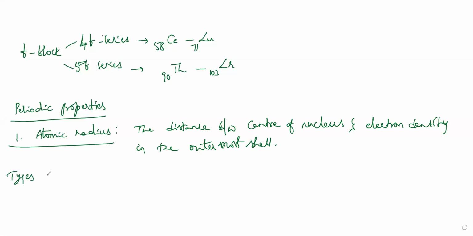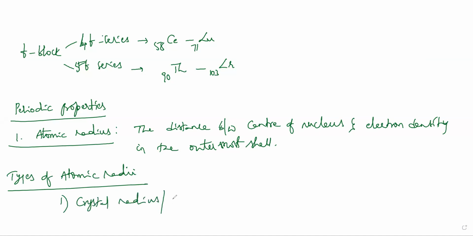Now we have different types of atomic radii. So how many types are there? The first one, crystal radius, which is also known as metallic radius or atomic radius. All are same.